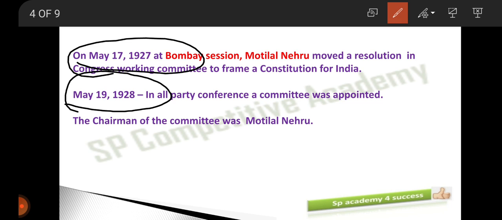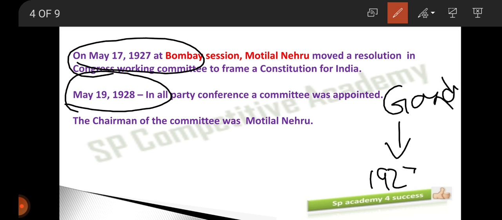I'll explain it in a stepwise manner. First, Gandhiji desired to have the constitution. Then in 1927, Motilal Nehru ji in the Mumbai or Bombay session expressed officially that we should have the constitution.